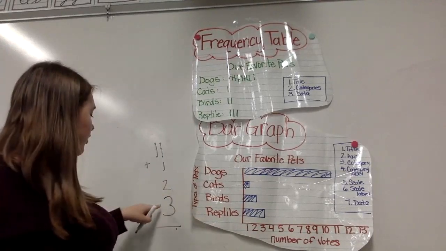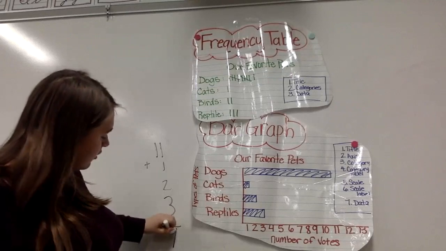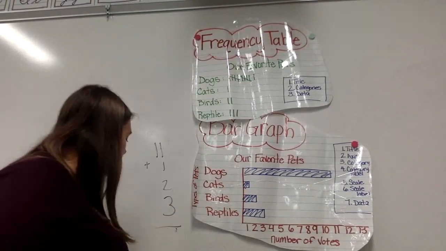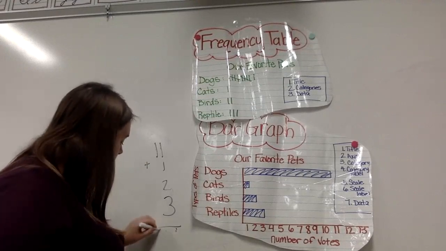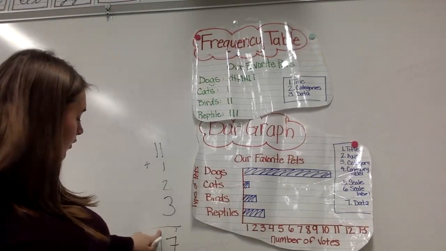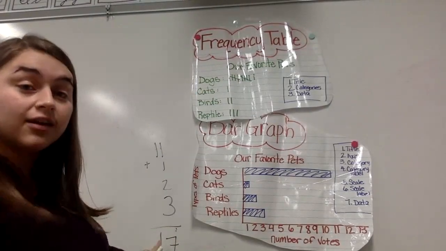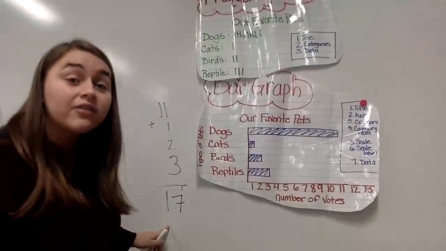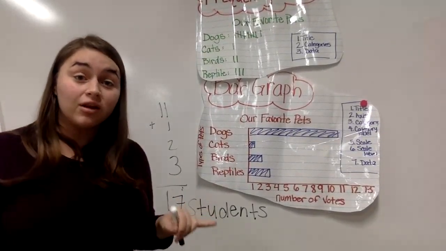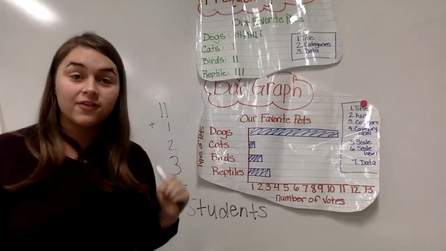And that's one that's pretty easy to do. 3, 4, 5, 6, 7, 17. I'll write that better. 17. So we could write that there are 17 students. So we can know that there are 17 students that were surveyed on our graph.